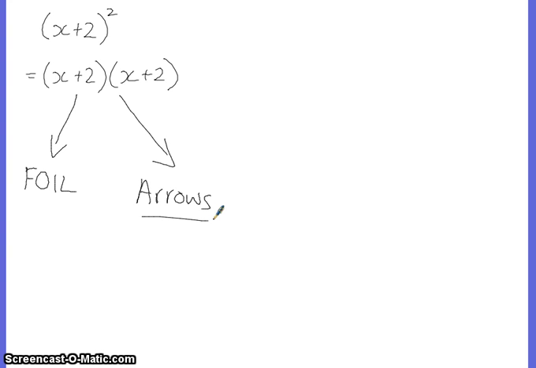Yep? Terrific. Another way that you can go about it is what we call perfect squares. Perfect squares are this. It's perfectly squared. This expression here is perfectly squared. X plus 2 all squared.